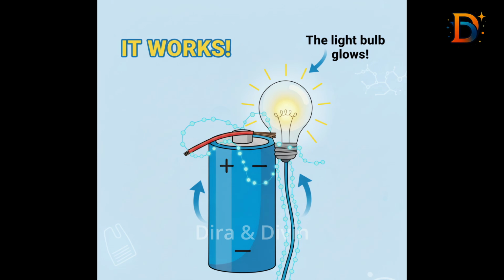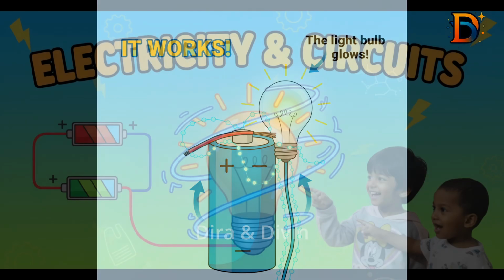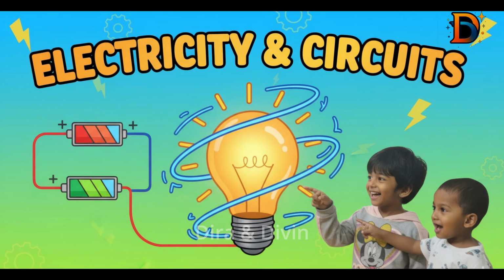Electricity is all around us, making our gadgets and homes work, and learning about circuits helps children see how that energy travels in a path to turn things on or off. The experiment is simple and safe, demonstrating the basic idea of electricity and circuits in a fun way.